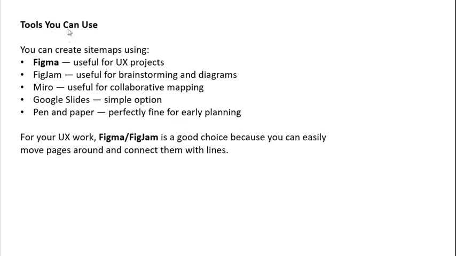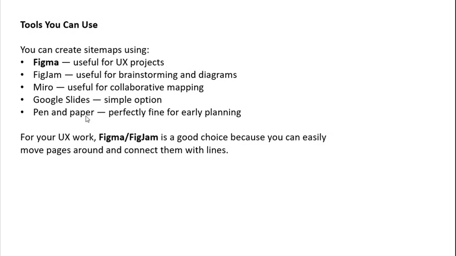Tools you can use to create a sitemap: Figma is useful for UX projects, FigJam is useful for brainstorming and diagrams, Miro is useful for collaborative mapping, and Google Slides is a simple option.